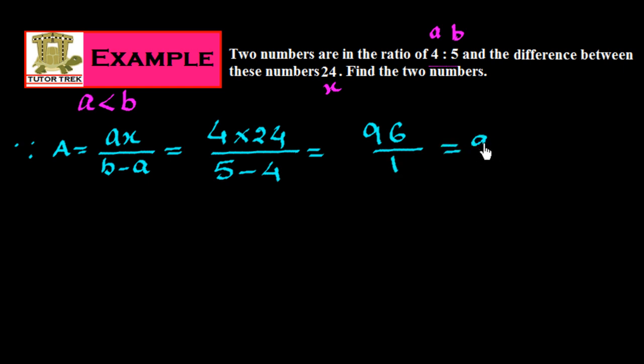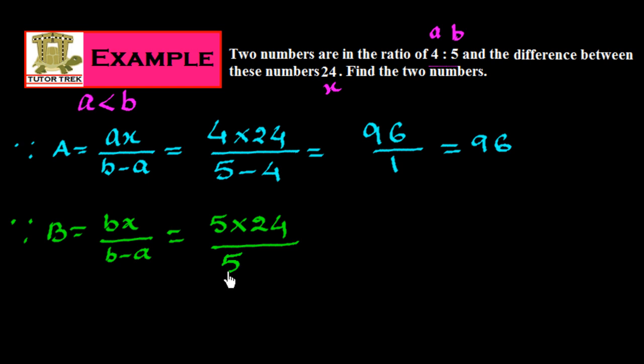So you get 96. Now the other number: b is equal to bx over b minus a. Here b is 5, x is 24, and 5 minus 4 in the denominator. So 24 times 5 is 120 over 1, which is 120. So we have got both the numbers, 96 and 120.